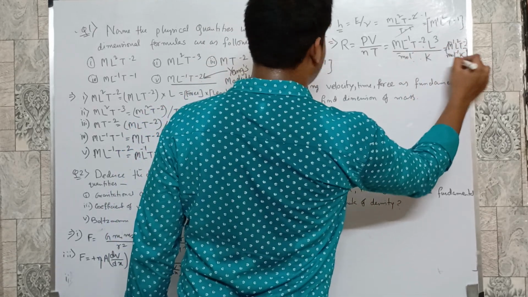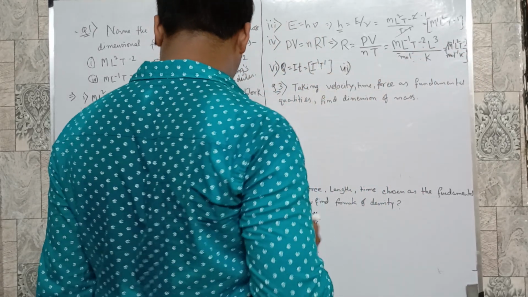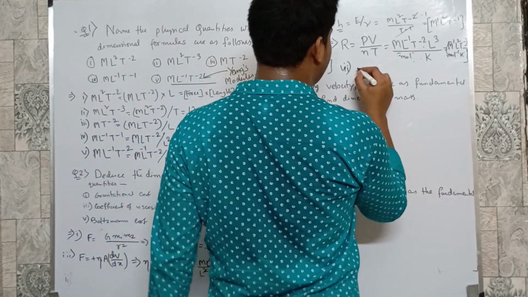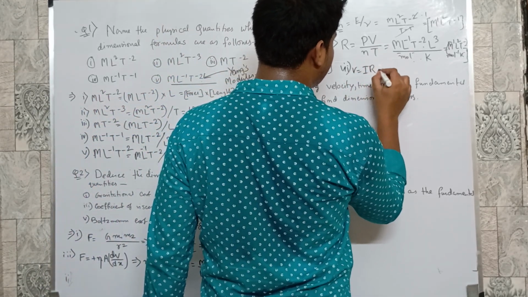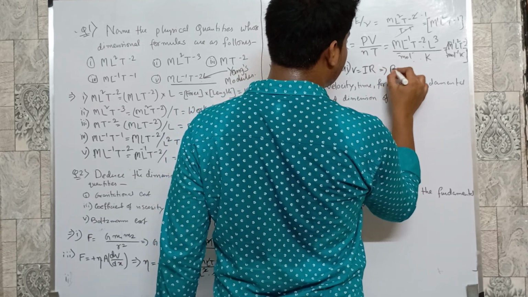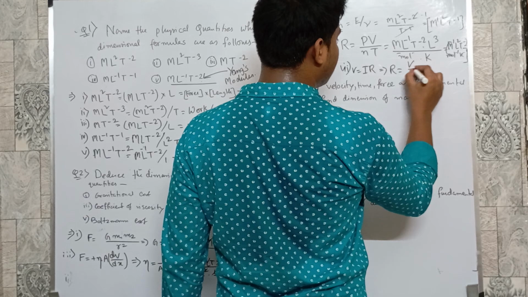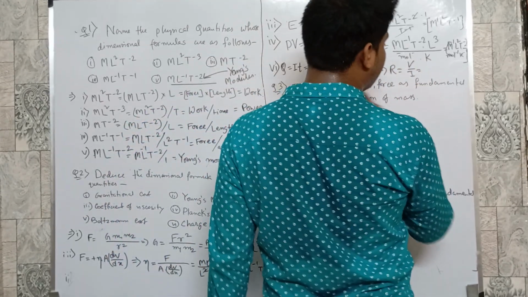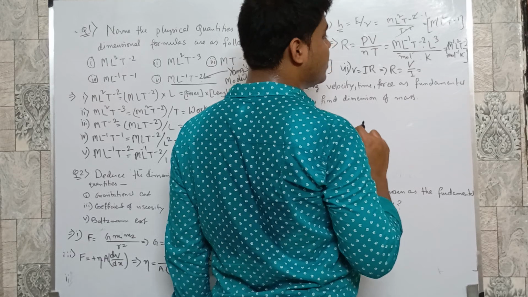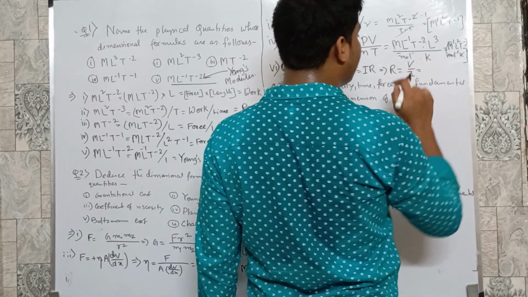Next, last one is resistance. So we know V equals I R, so R equals V by I. V is the potential, and potential is potential energy per unit charge. We will learn it later, but potential energy per unit charge.